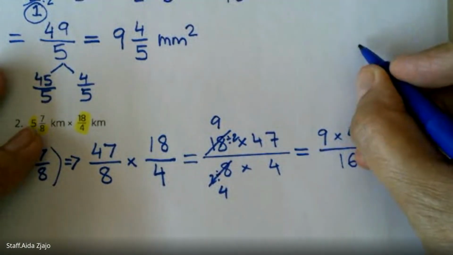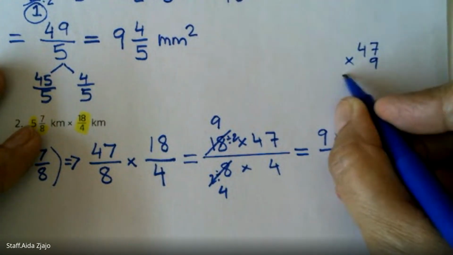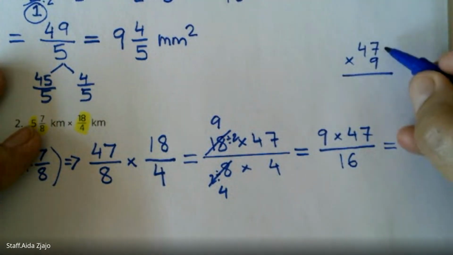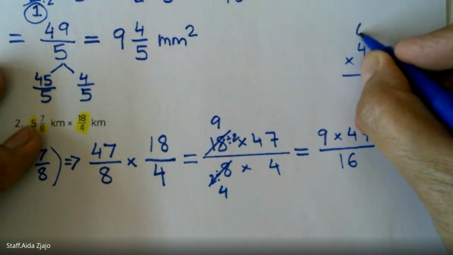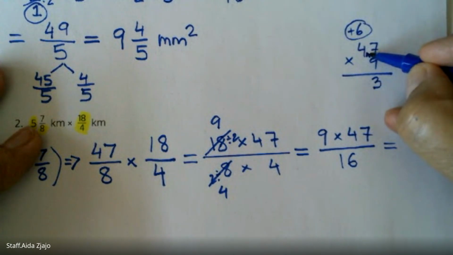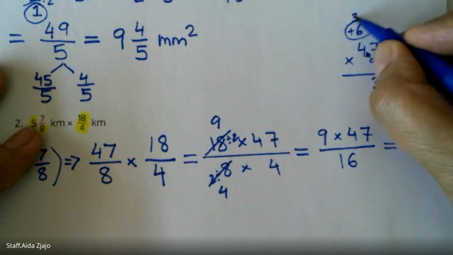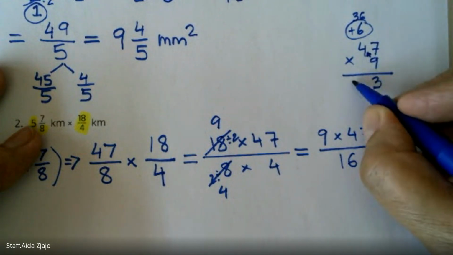So let's do 9 times 47. 9 times 7 is 63, write 3, remember 6. 4 times 9 is 36, plus 6 is 42.